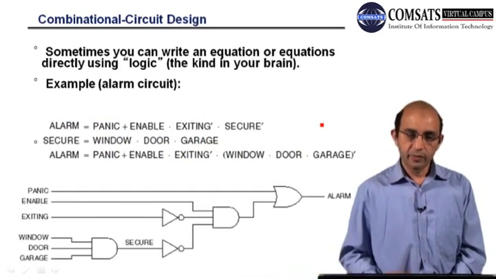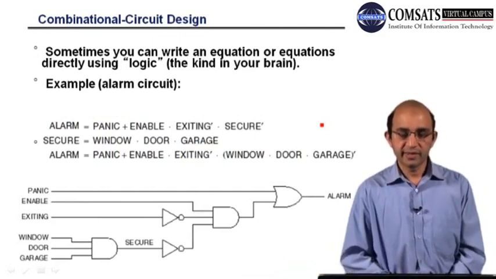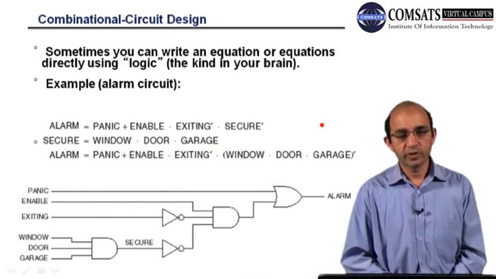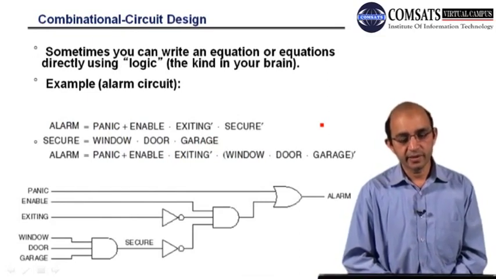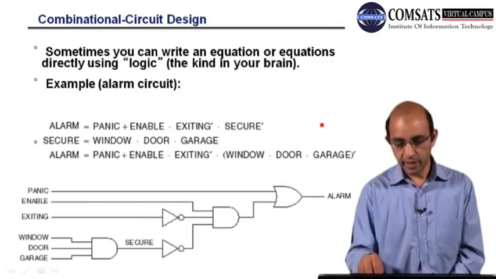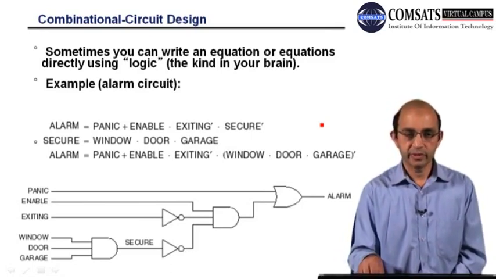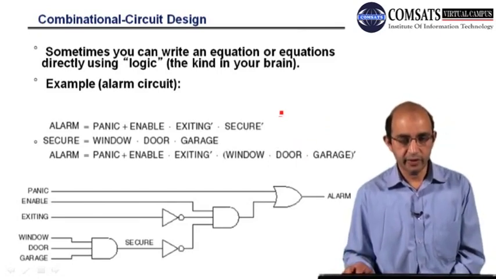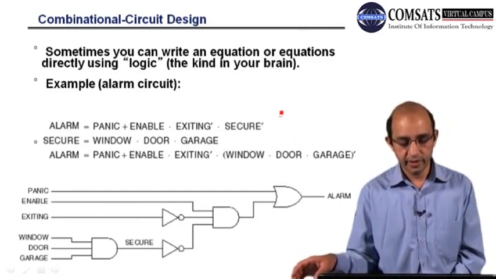So as I've mentioned, there is a very thin line between circuit analysis and circuit design. Sometimes when you want to design a circuit, or draw a circuit, you normally can have your idea in your mind, and you can straight away draw this on your paper. So here you can see that we have an example of an alarm circuit.